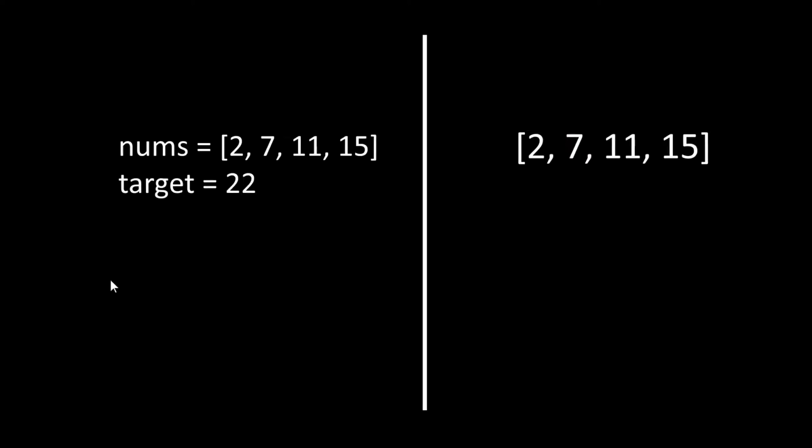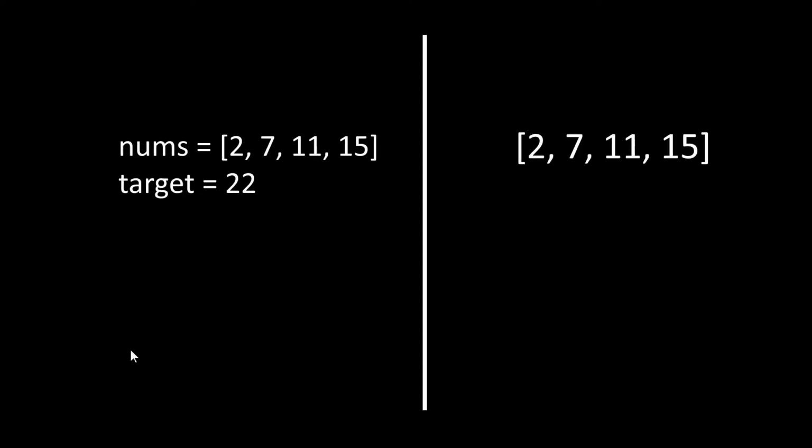Alright then, so this problem is slightly modified from the one we looked at earlier, where our nums array is the same, but our target has now switched from 9 to 22. Taking a look at it at face value, it's pretty easy to see that the numbers 7 and 15 are the only ones inside of nums that can add up to 22, so we would want to return the indexes of 1 and 3.